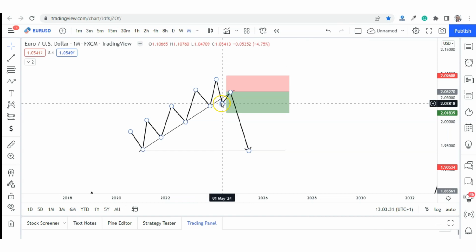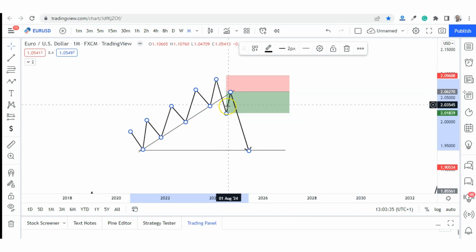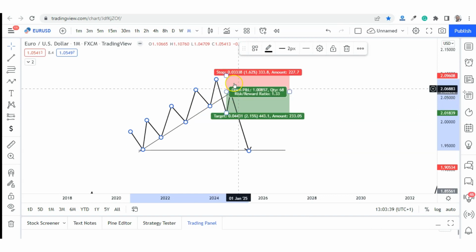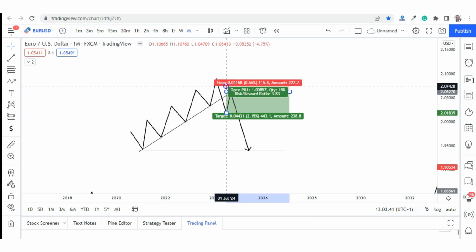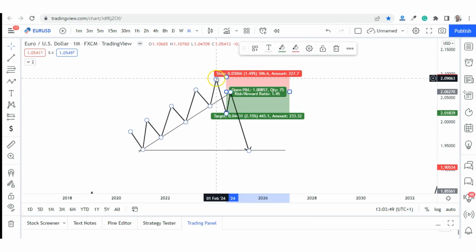Now let's give it the benefit of the doubt that this also led to a break of structure, and let's look at how smart money will enter that trade. They might count maybe 10 pips, 20 pips, 30 pips, 50 pips, depending on the time frame they're looking at, and put the stop loss above. But let's assume they place the stop loss at the point of invalidation.